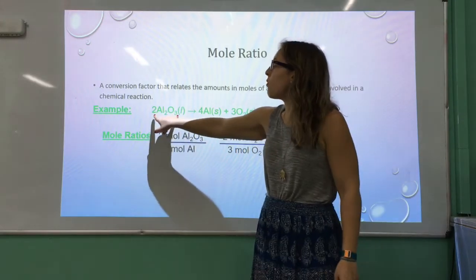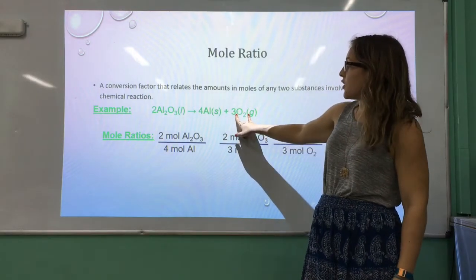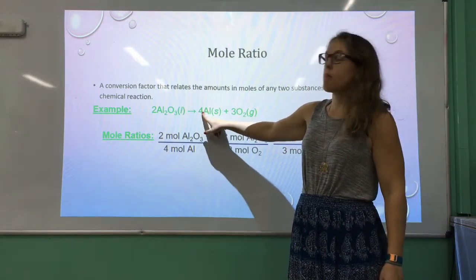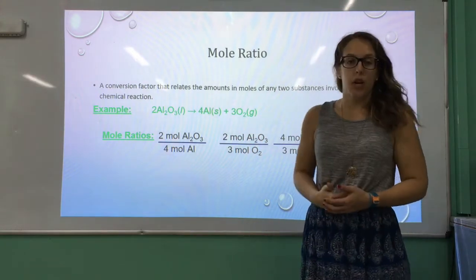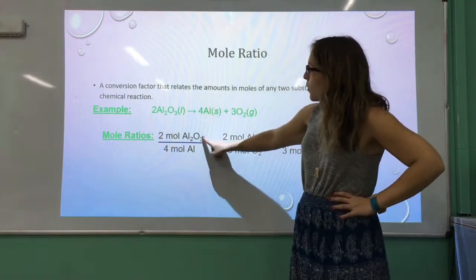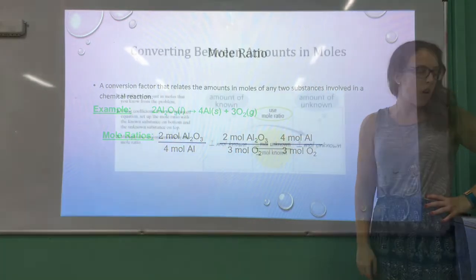So for every 2 moles, we have 4 moles of aluminum, and we have 3 moles of oxygen. So if we have 4 moles of aluminum, for every 4 moles of aluminum, we always have 3 moles of oxygen. So we can see the mole ratios, which you guys have done before.